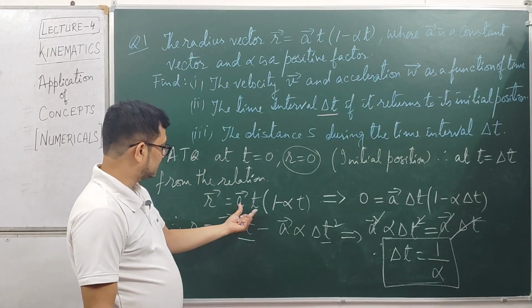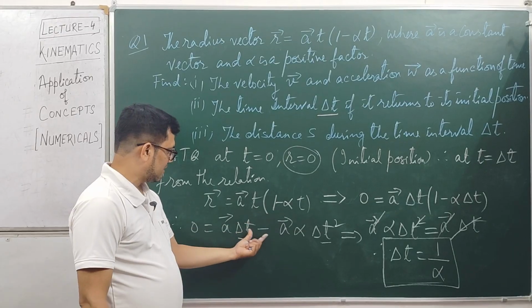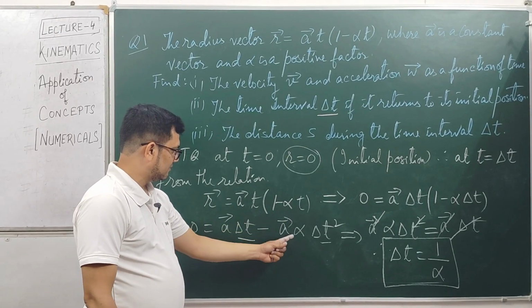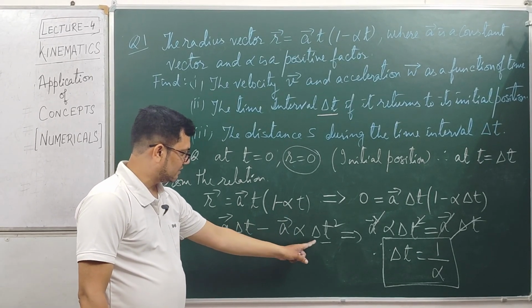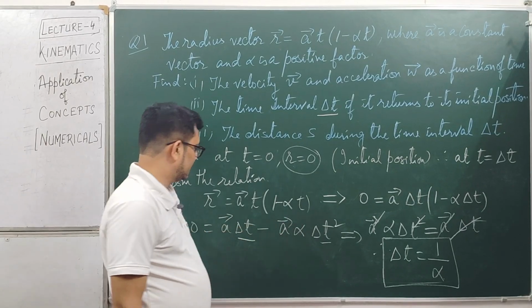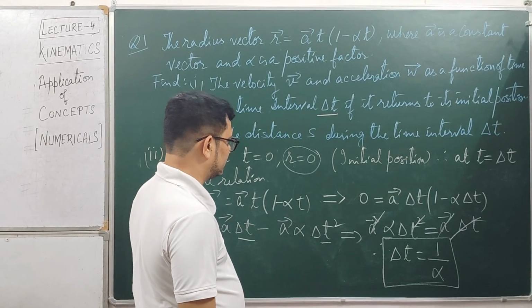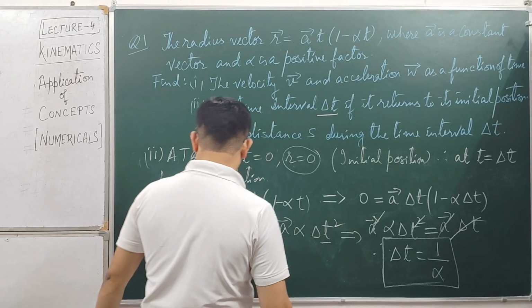So when you open the bracket here, it becomes a t minus a t squared alpha.